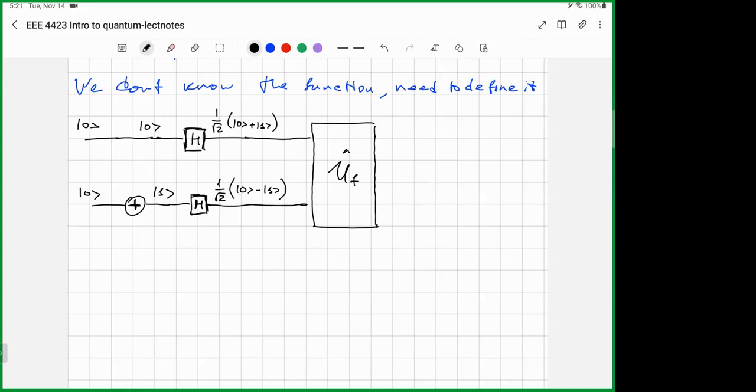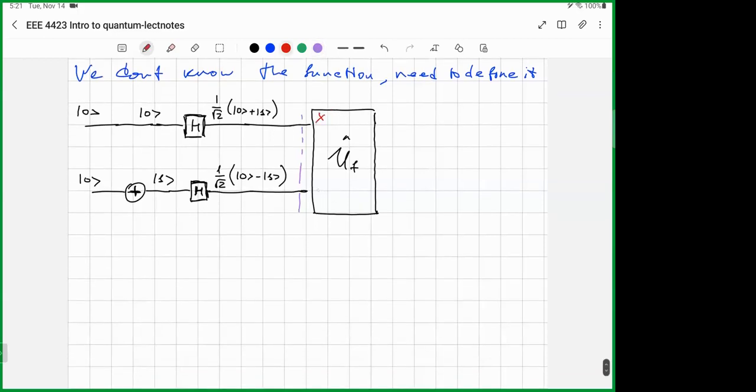But before that, let us write down the state exactly at the input of this gate. Okay, so let's call this input the X input, and this one the Y input.